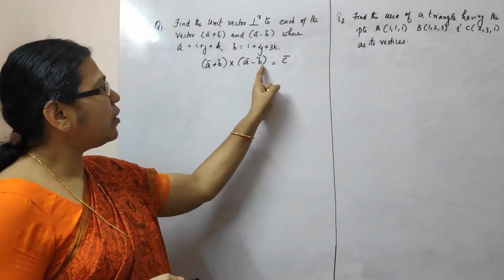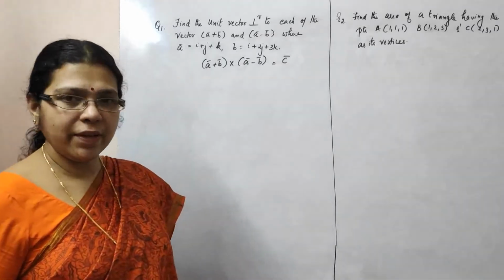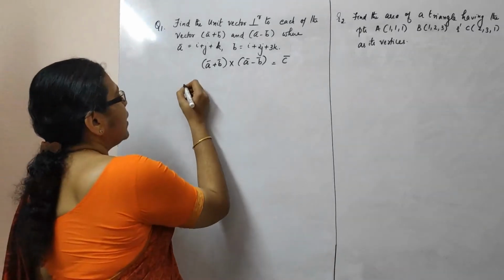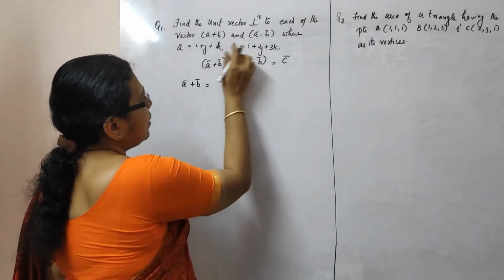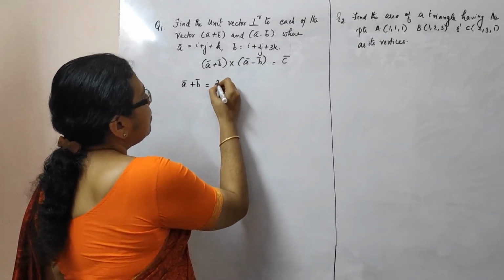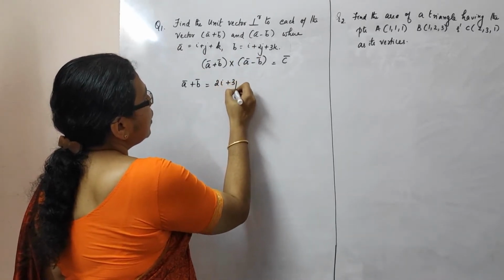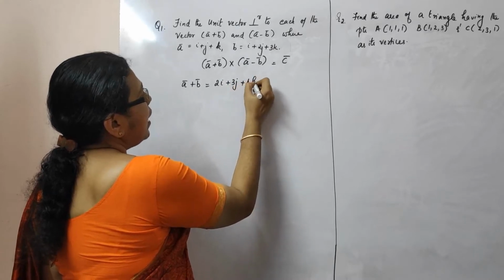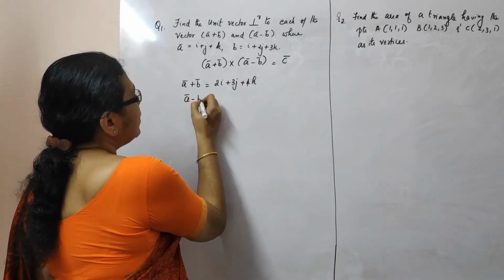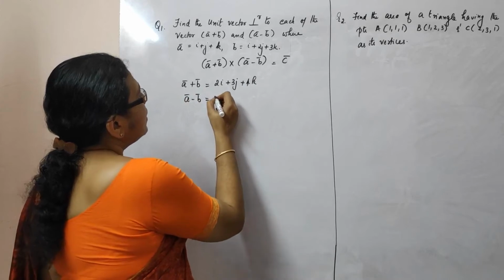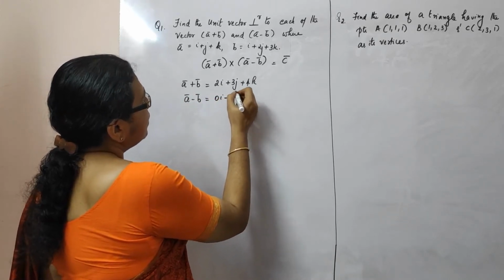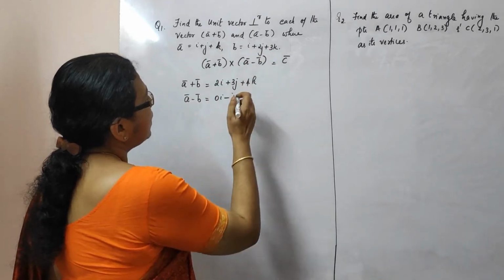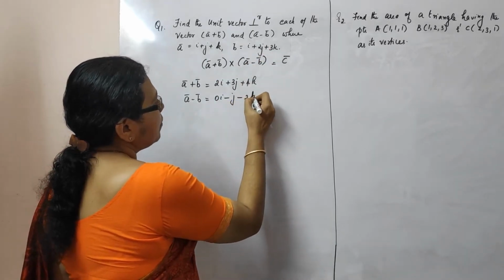I have named this cross product of these two vectors as vector C. Now let's see what is vector A plus vector B. Vector A and vector B are given, so the sum is 2i plus 3j plus 4k. And the difference, vector A minus vector B, is 0i minus j, then plus k minus 3k, that is minus 2k.